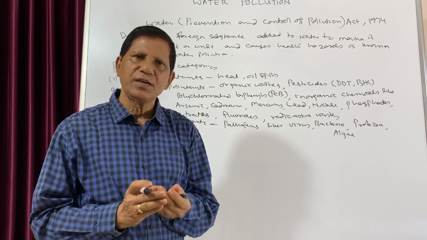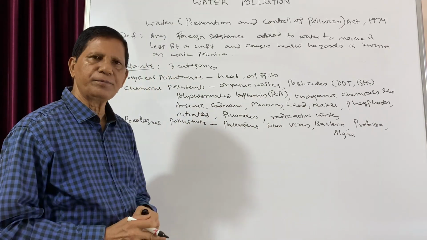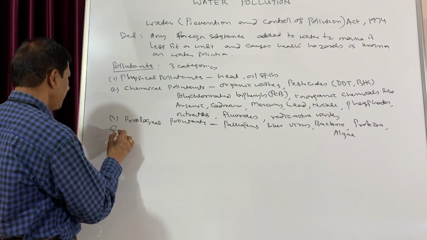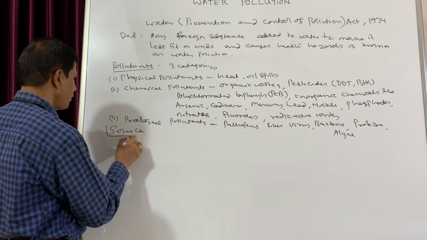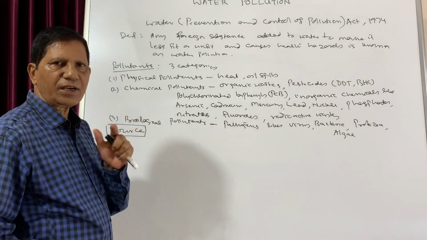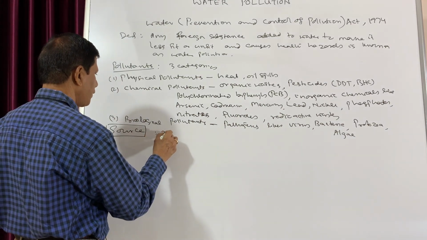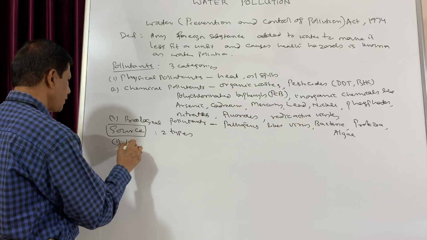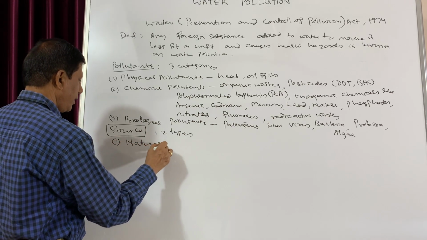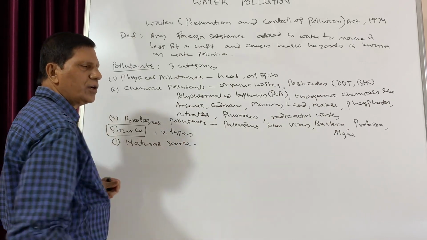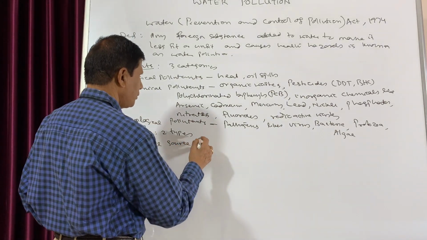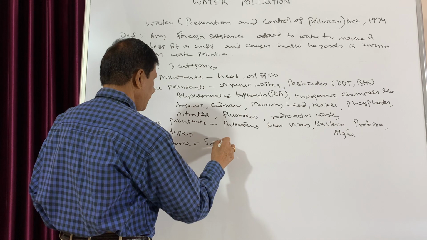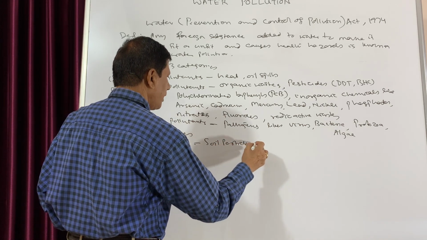The next thing is where all these things are coming from. That means, what is the source of this water pollution. If we discuss the sources, we can categorize them into two types. One is natural sources. The natural sources usually include soil particles and minerals.